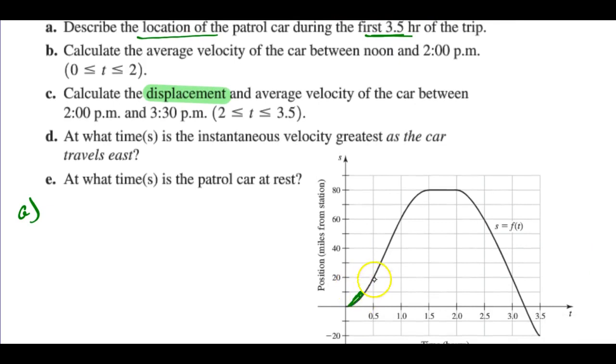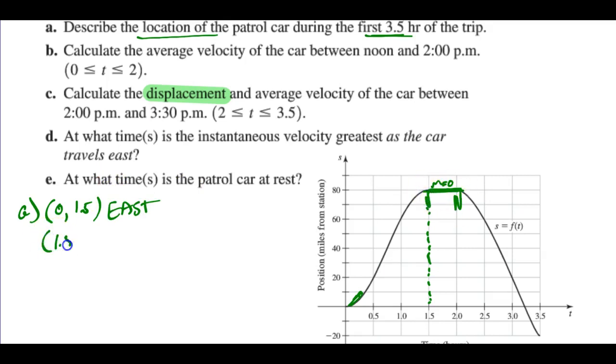So he's heading east, in the positive direction, until it hits right here. It looks like slope is 0. So I would say somewhere between 0 and 1.5, the patrol car is heading east. And then it looks like he's at rest in this time frame.